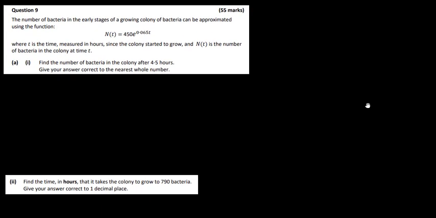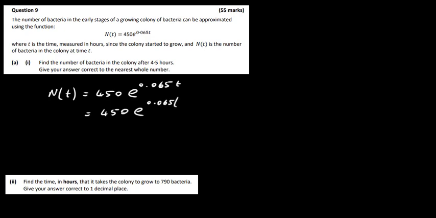Okay, so this is just a direct use of the formula. So we're going to write down n of t is equal to 450 e to the power of 0.065 t. And we're told that the time is going to be 4.5 hours. So all we've got to do is put 4.5 in here, e to the power of 0.065 multiplied by 4.5.